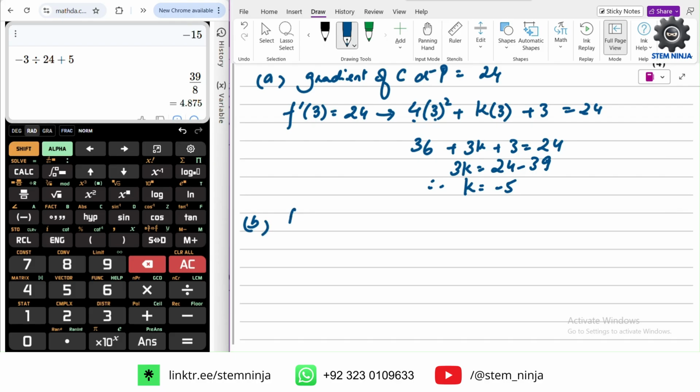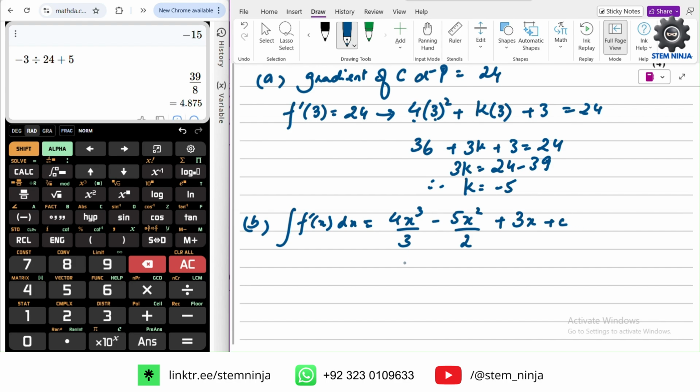Okay, so we need the integral of f prime of x dx. This would get us 4x cubed over 3 plus kx minus 5x squared over 2 plus 3x plus c.